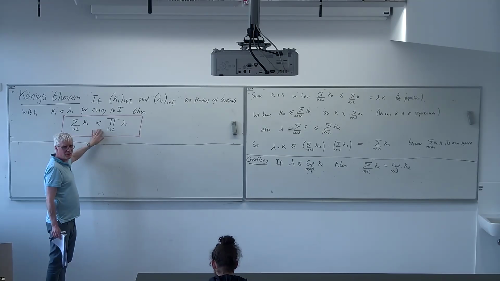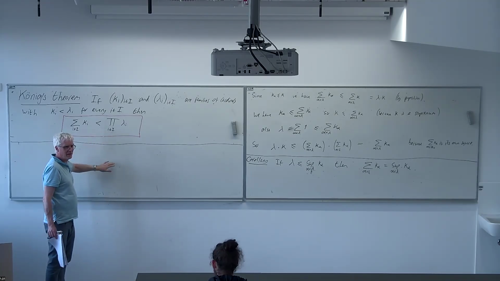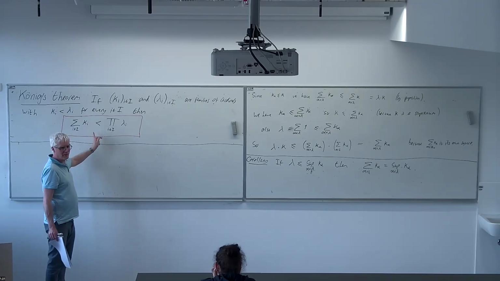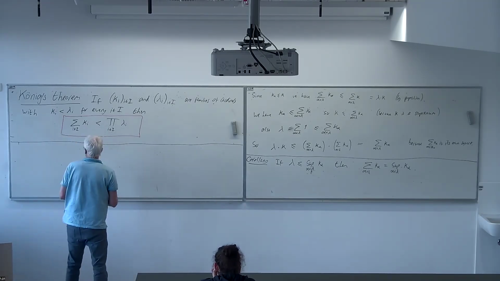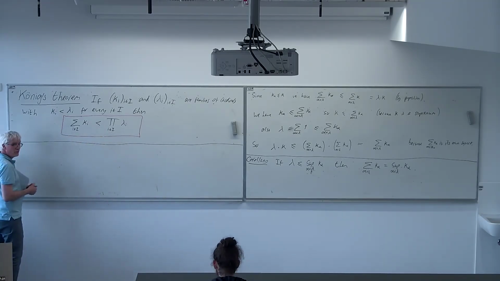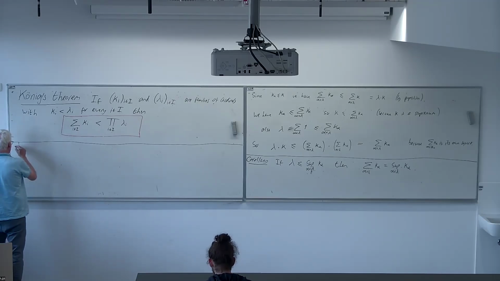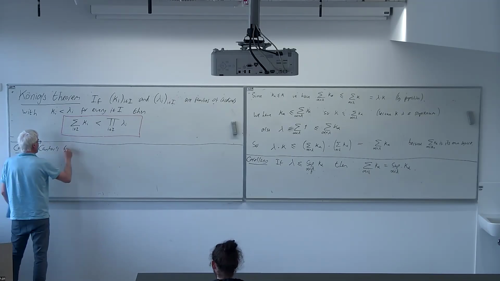So I just mean Cantor's theorem, that the cardinality of a power set is strictly greater than the cardinality of a set. And in fact, Cantor's theorem is a special case. So, corollary: Cantor's theorem. We already had a proof of Cantor's theorem, but let's get it as a special case.